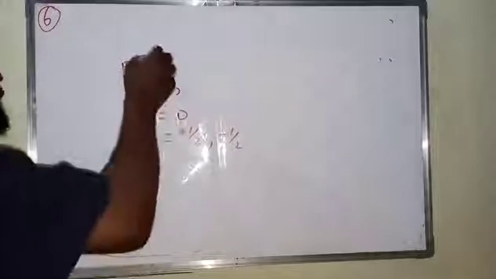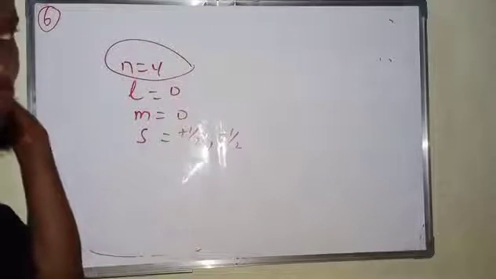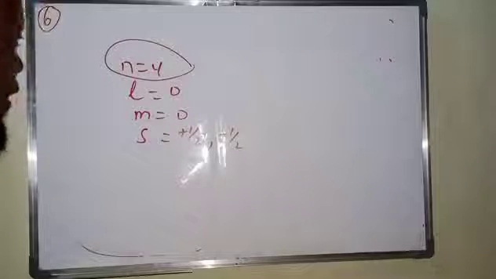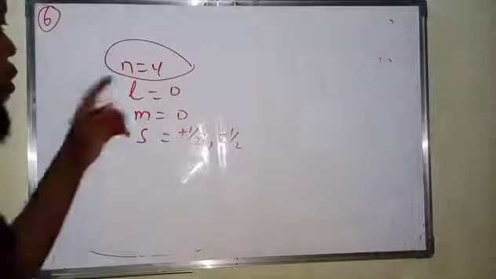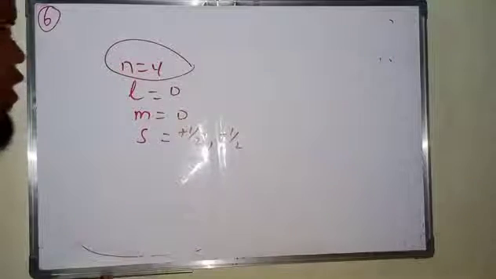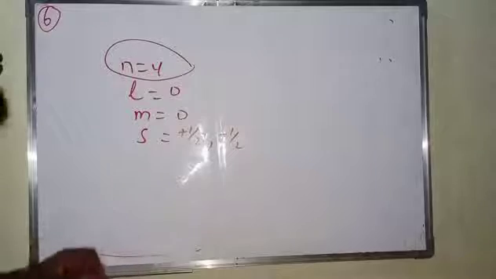So actually we can tell from the options given that for a principal quantum number of n equals 4, the electron occupies the fourth shell because this is the outer shell.